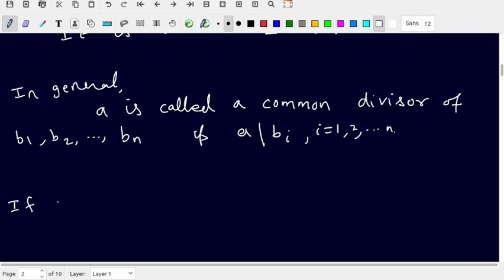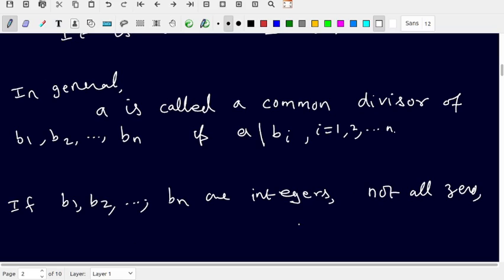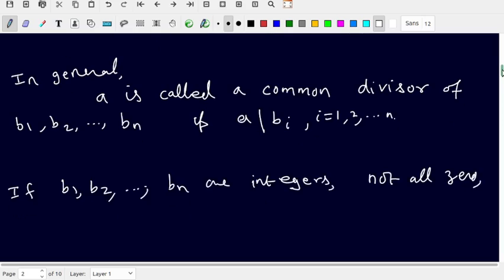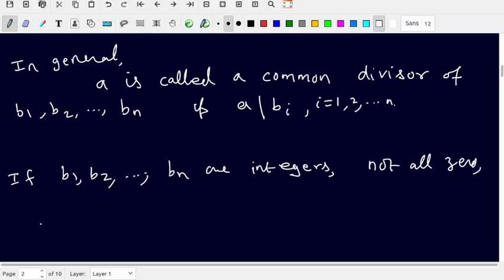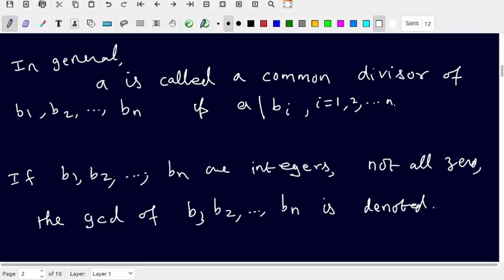If b1, b2, etc., bn are integers, not all 0, then the greatest common divisor can be defined. The GCD of b1, b2, etc., bn is denoted by the open bracket (b1, b2, etc., bn). This is a notation for the greatest common divisor.